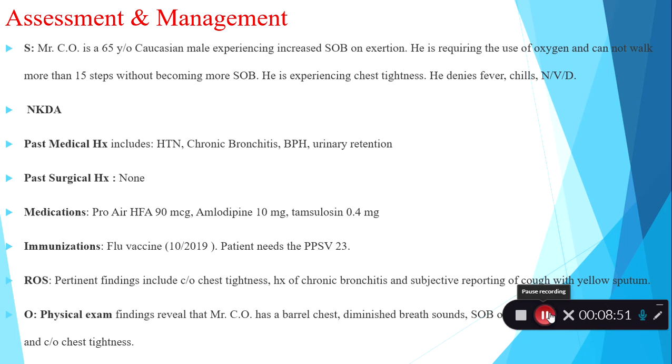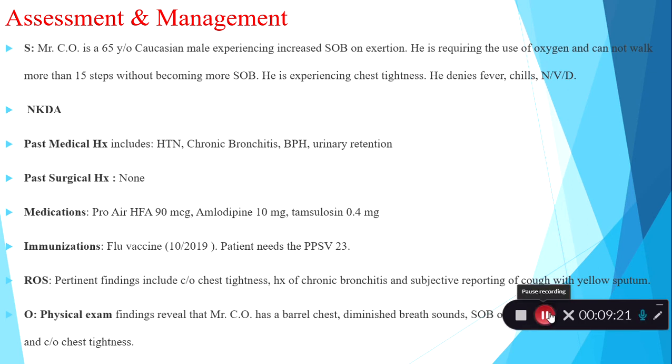When Mr. CO is short of breath, he often uses his albuterol inhaler, but he noticed during this time he did not have any relief when using his albuterol inhaler. Some things that Mr. CO did to try to make his symptoms better included increasing his oxygen from 2 liters to 4 liters.